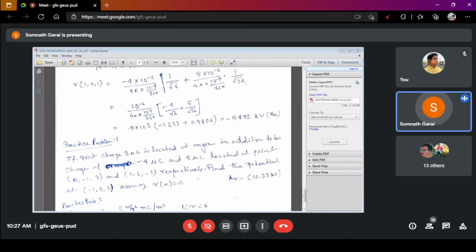Find the potential at the point minus 1, 5, 2, and here you assume the infinite potential is equal to 0. Calculate the potential at that point.